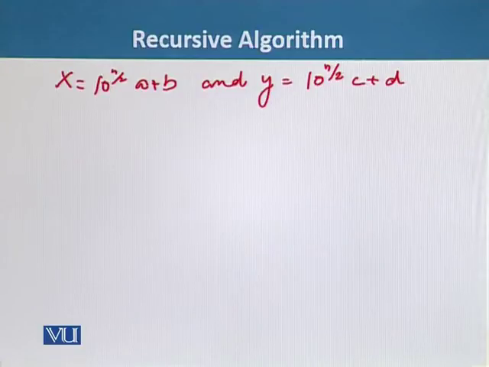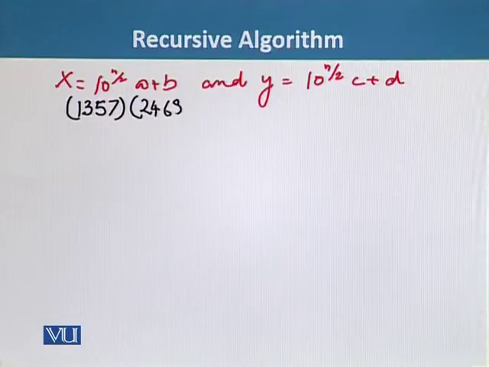As we have seen in the previous slide, we have divided the digits into two parts, a and b, and c and d. So if we want to solve it recursively, we have divided it into two n/2 parts. We remember we have two numbers, 1357 times 2468.